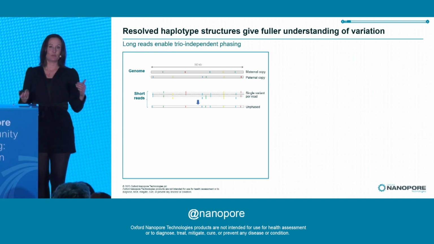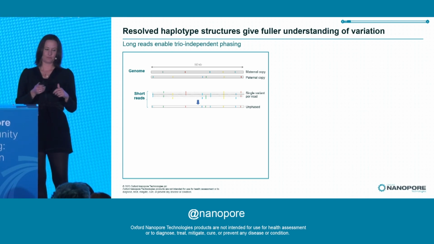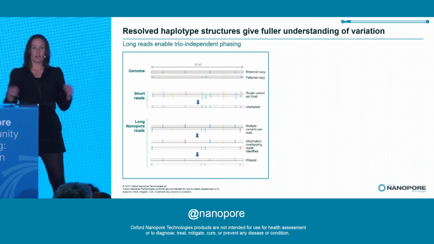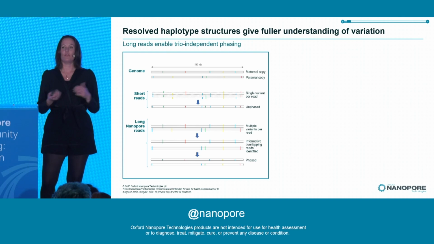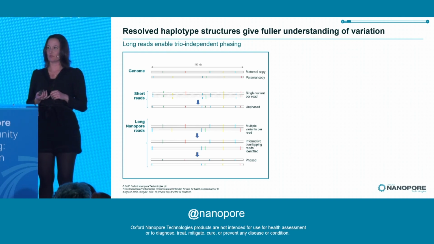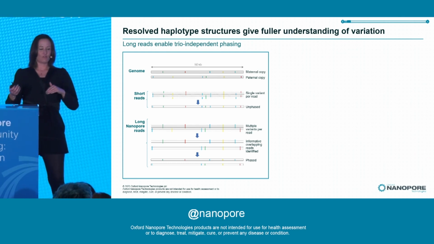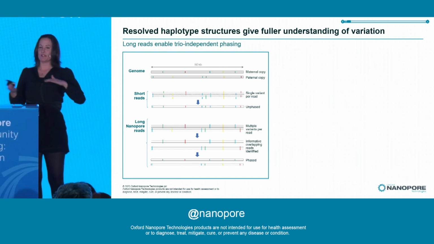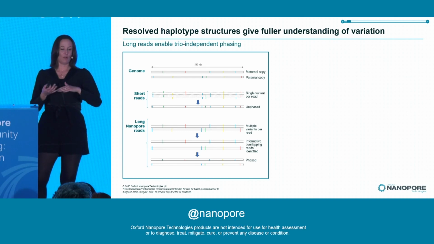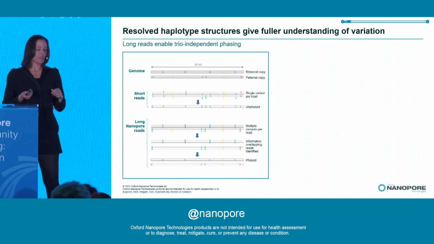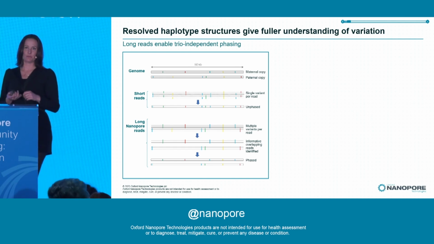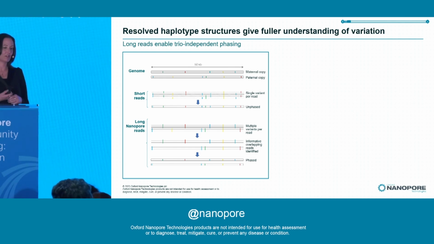So you know the variants, but you don't know how they fit together on the genome. Now, with longer reads, just because they're longer, you'll often have two or more variants on each read. You can use that overlapping information to sort out the phases of the genome, and how one haplotype fits with another.